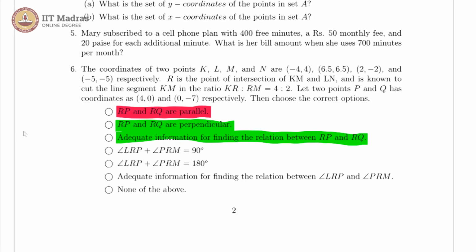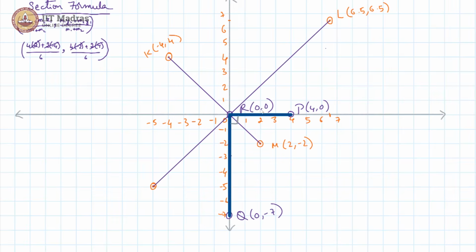Now let's look at angle LRP plus angle PRM. So we are interested in this angle plus angle PRM. So this sum is the total angle LRM. So we need to know what is the angle between LR and RM. So let's look at the slope of LR.